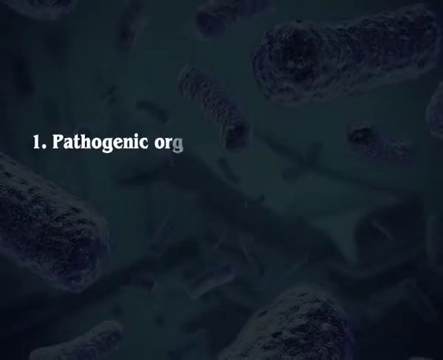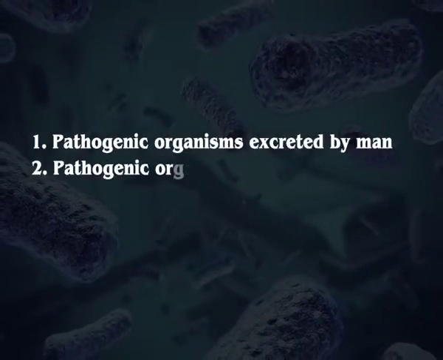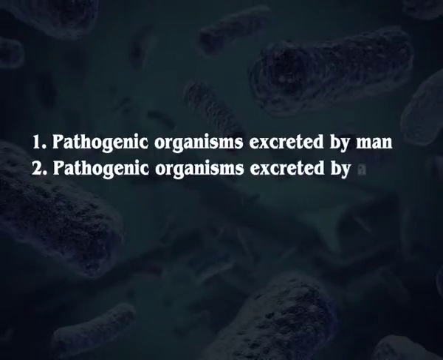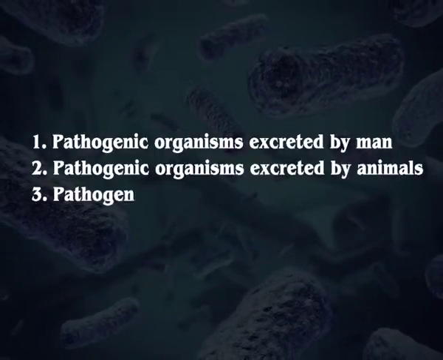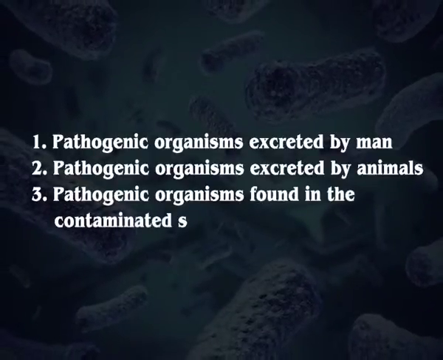Faulty sanitation, wastewater, and wrong methods of agriculture also induce soil pollution. There are three groups of pathogenic organisms that pollute the soil. They are: first, pathogenic organisms excreted by man; second, pathogenic organisms excreted by animals; and third, pathogenic organisms found in the contaminated soil.